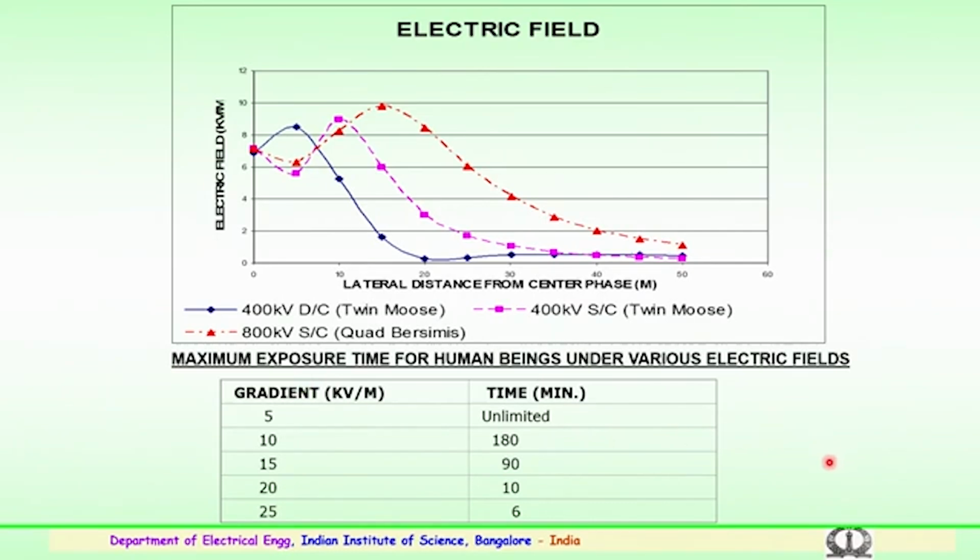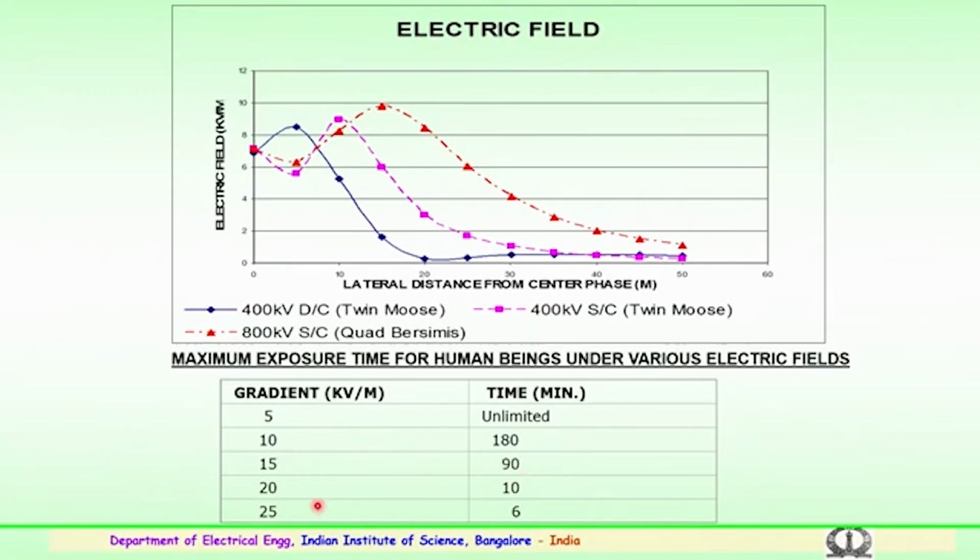Humans could be exposed to fields of 5 kV per meter for a long period of time, and the effect will not be dangerous. In case the gradients are 10 kV per meter, the exposure should not be more than 180 minutes, that is 3 hours.